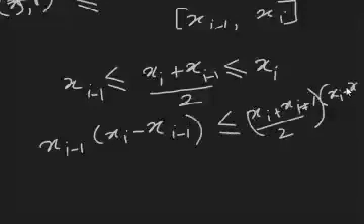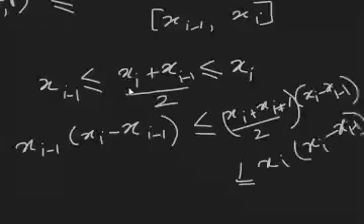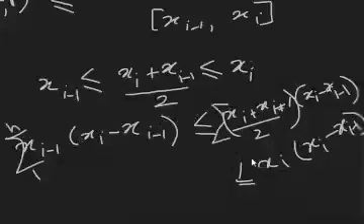So I multiply the whole inequality by the width of this subinterval, then we get this inequality here. This is true for all i from 1 to n. I take the sum, i goes from 1 to n. What is this one here?